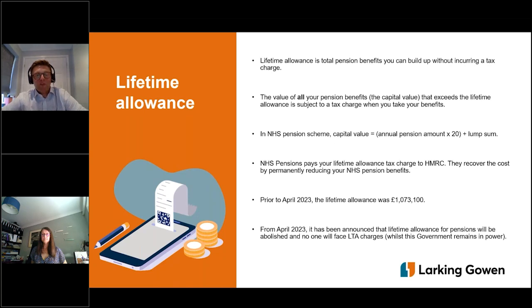If you were a member of the 1995 pension scheme and you took the standard tax-free cash on retirement from that pension scheme, an annual pension in excess of £47,000 would tip you over that lifetime allowance. If you're a member of the 2008 or 2015 scheme, then an annual pension above £54,000 would tip you over that lifetime allowance. So that just gives you some numbers to consider.